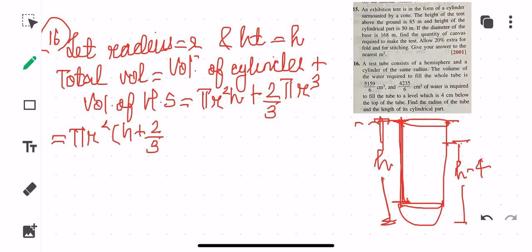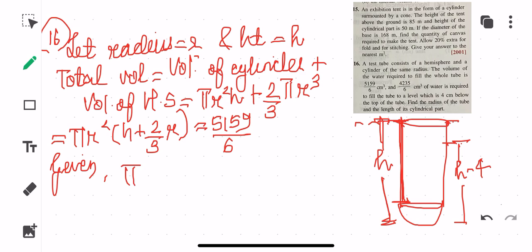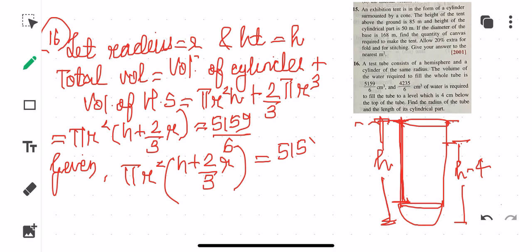So this is what you are getting. Now, given that this particular volume is equal to 5159 divided by 6, you will write: pi r square into h plus 2 upon 3 r is equal to 5159 upon 6.